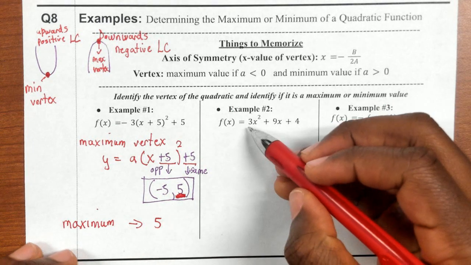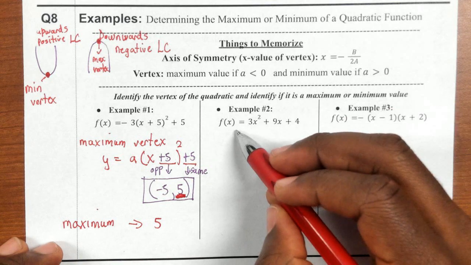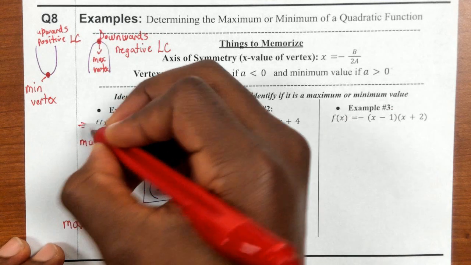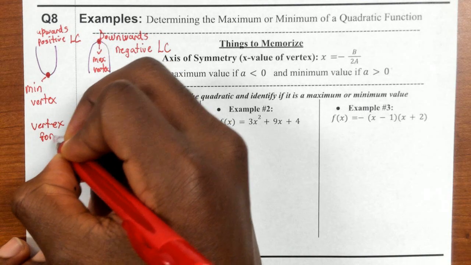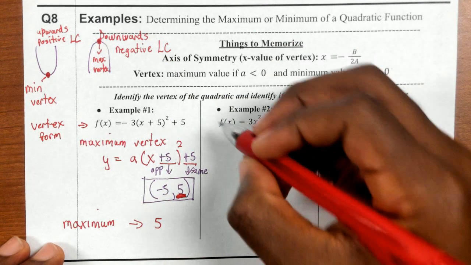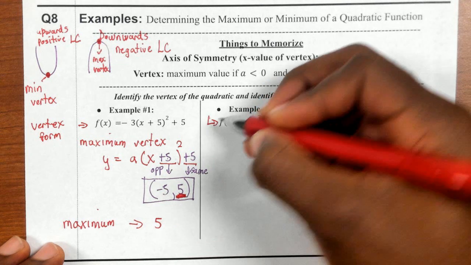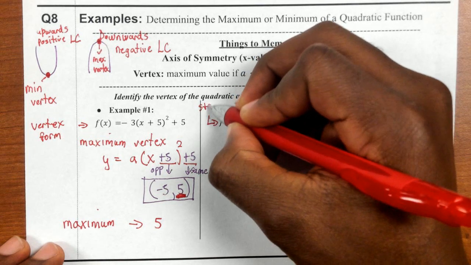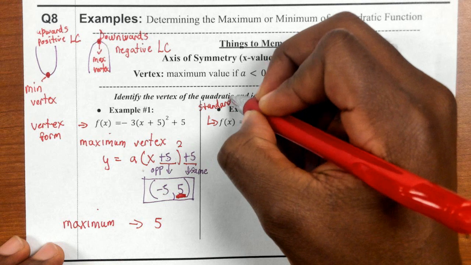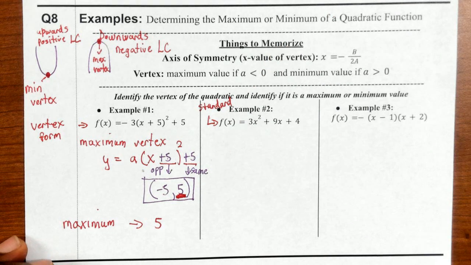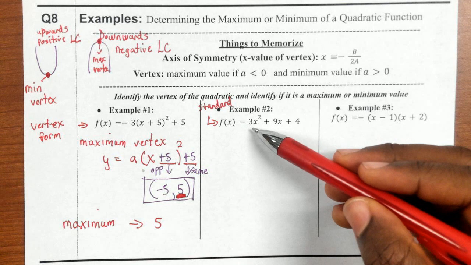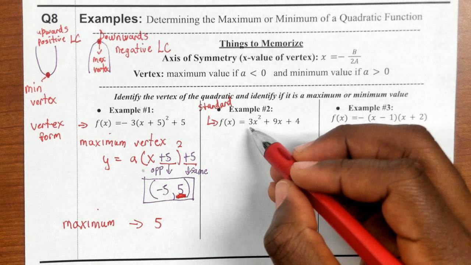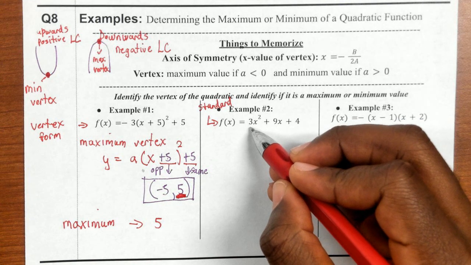We see that it's not in vertex form right here. This question right here was given in vertex form, but this question looks a little different. It's actually given in standard form. However, we can still figure out if it's going to represent a minimum or a maximum by looking at the leading coefficient.